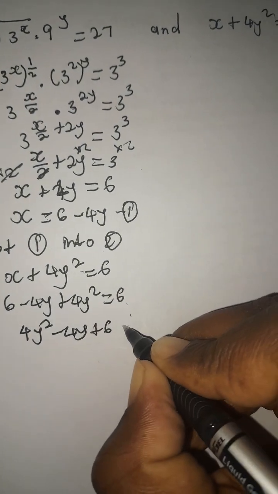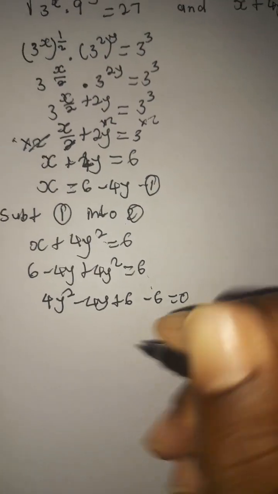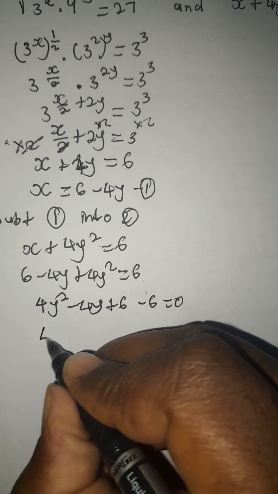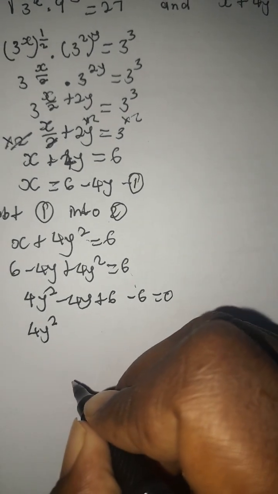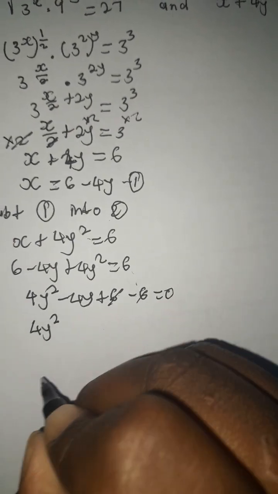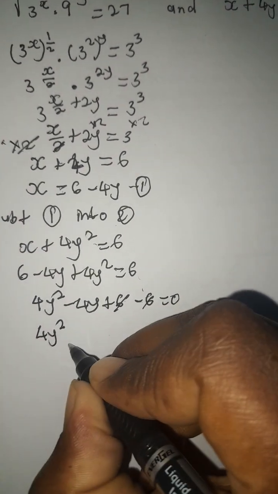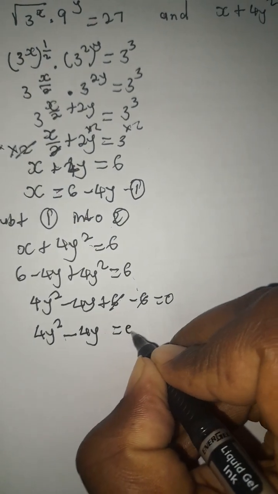Then if you take 6 to the other side, it will be minus 6 equated to 0, since it's a quadratic, right? So from here, you have 4y squared. We have anything that goes with 4y? Nah, we do not have that. 6 minus 6, those are like terms. They will cancel, then that will be 0. So we'll be left with 4y squared minus 4y, which is equal to 0.